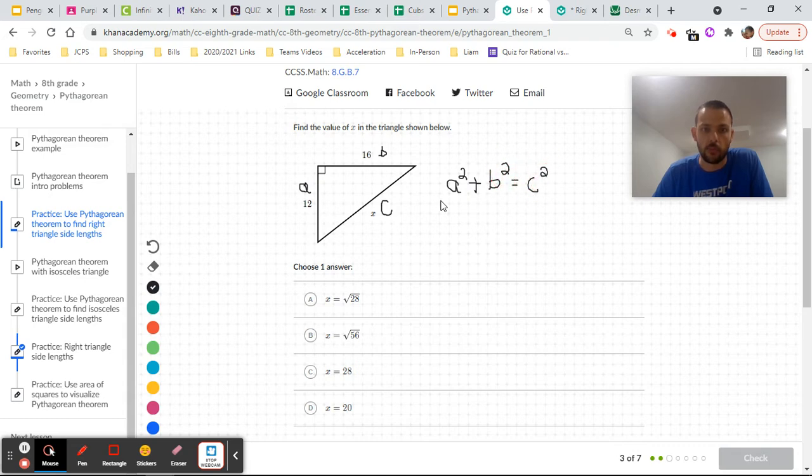So this time we're looking at 12 squared plus 16 squared, and that's going to be C squared. Let's figure out what that is. Let's use our calculator. And again, I'm going to suggest, like I have been to all of my students, Desmos's scientific calculator.